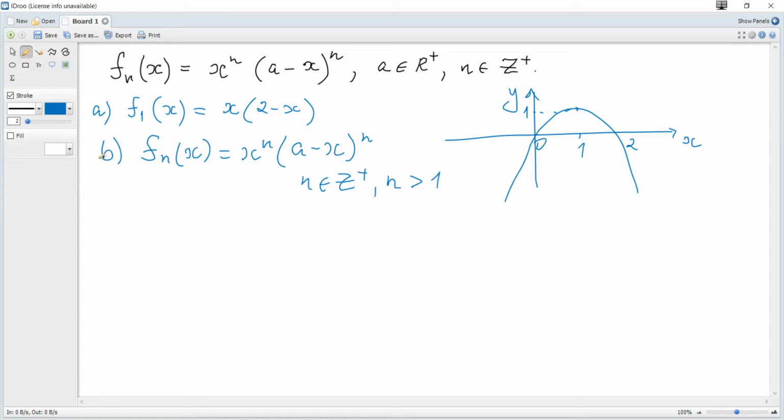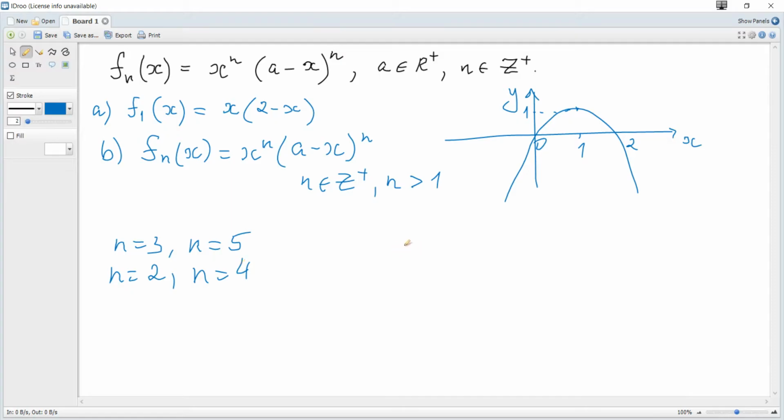B, use your graphic display calculator to explore the graph of y is fn of x for odd values, n is 3 and n is 5, and the even values, n is 2 and n is 4. Hence, copy and complete the following table.